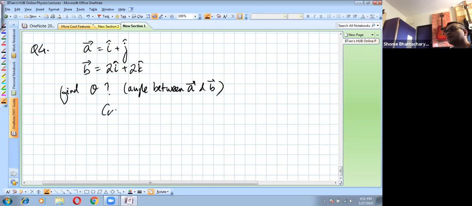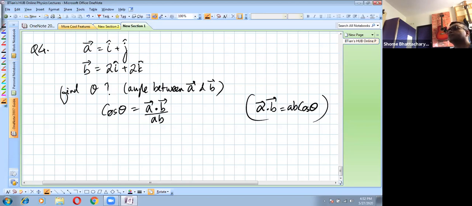So cos theta by formula becomes A dot B divided by mod A into mod B, because by definition A dot B is AB cos theta. So from this definition we are getting this. Okay. So here what is A dot B?